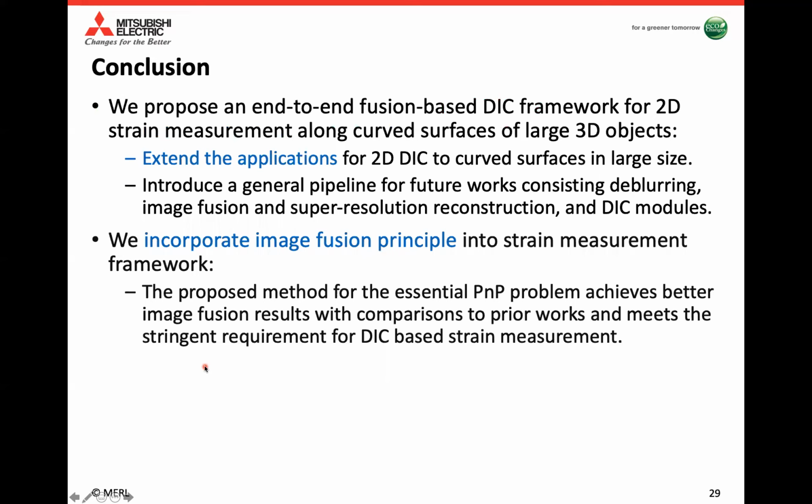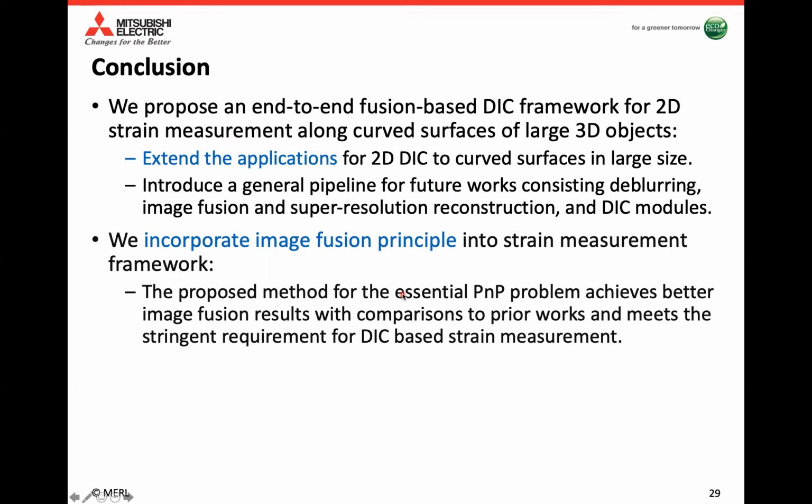For conclusion, first we propose an end-to-end fusion-based DSC framework for 2D strain measurement along curved surfaces of large 3D objects, which extends the application of 2D DSC to curved surfaces of large size. We also introduce a general pipeline for future work.